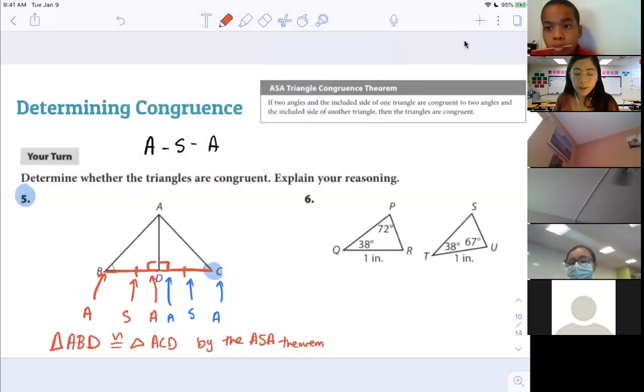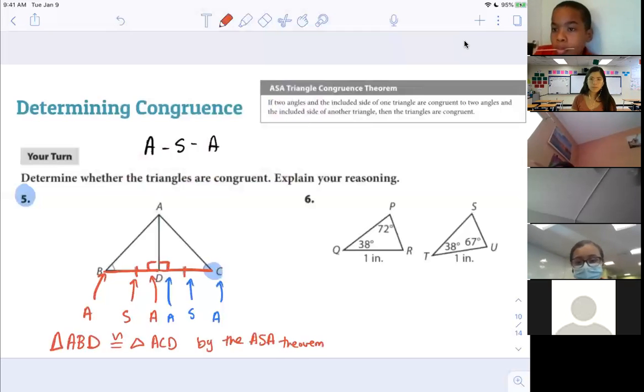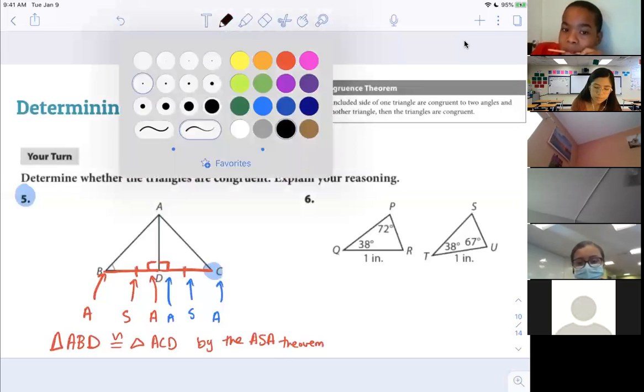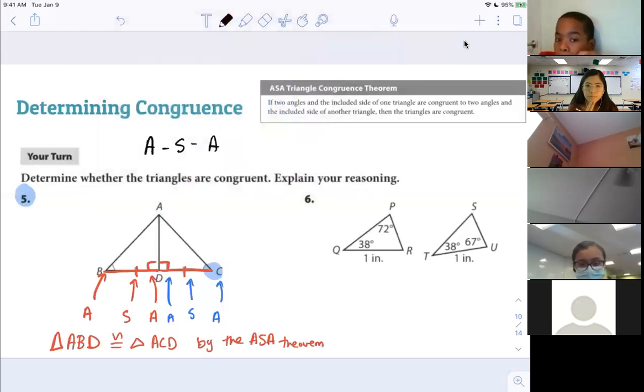So now I want you guys to take a look at number 6. Is there ASA in number 6? No. Okay, why not? Because there isn't an angle. I don't think there's a side because there's not the little mark.